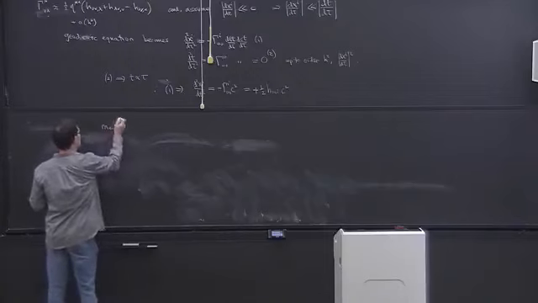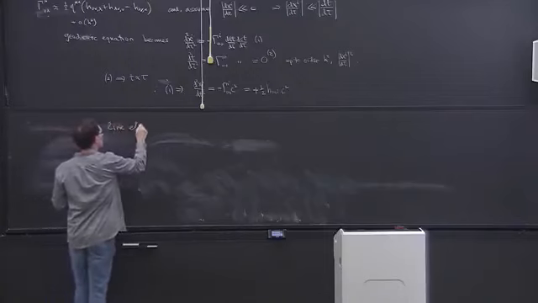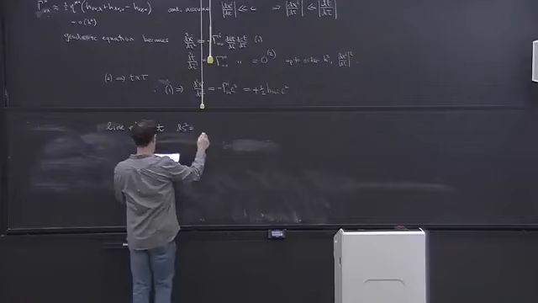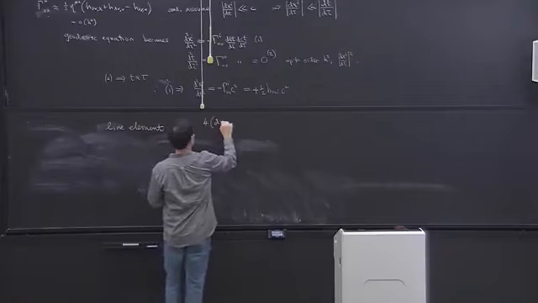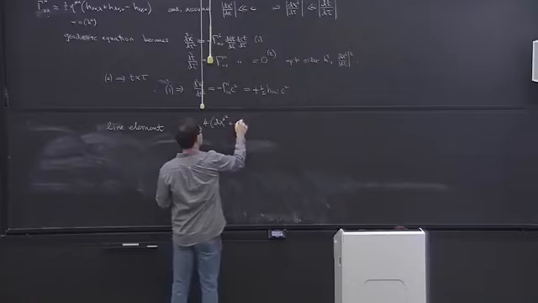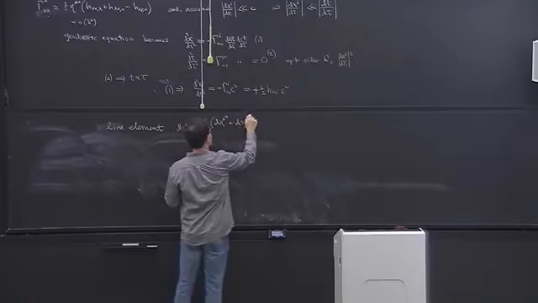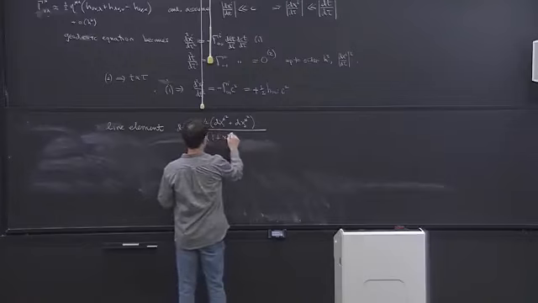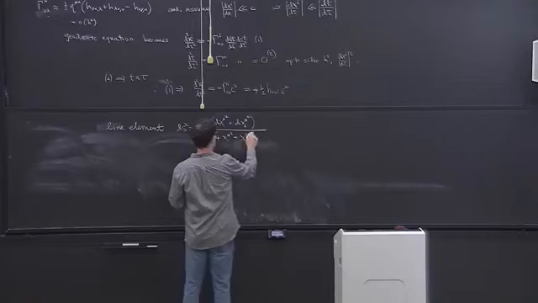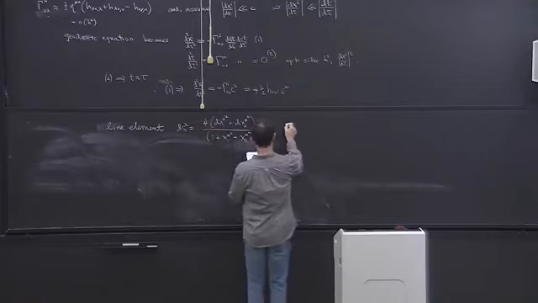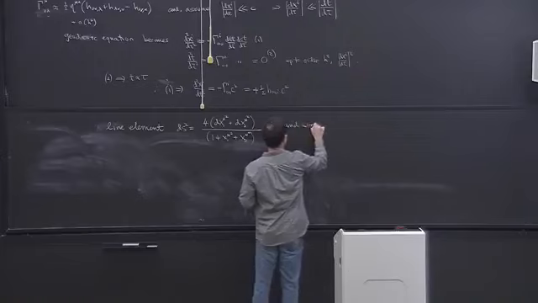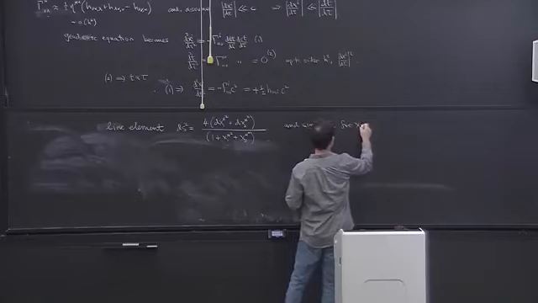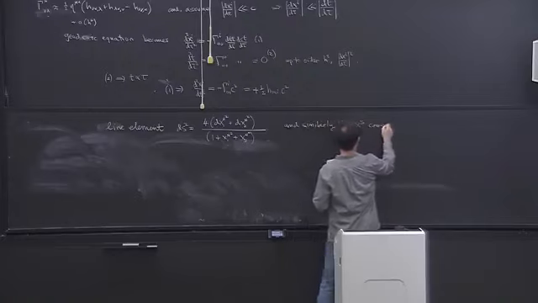The metric, or the line element, ds squared is equal to 4 times dx1n squared plus dx2n squared over 1 plus x1n squared plus x2n squared, and similarly for the xs coordinates.